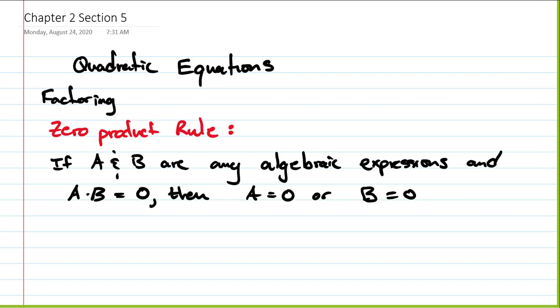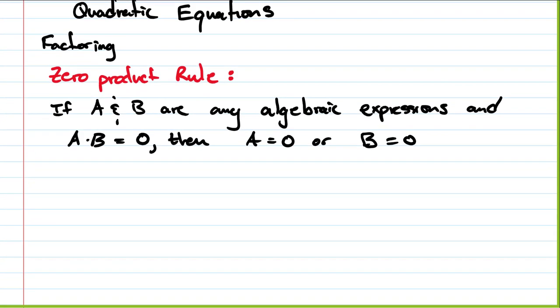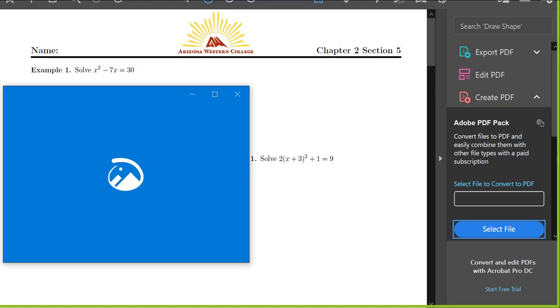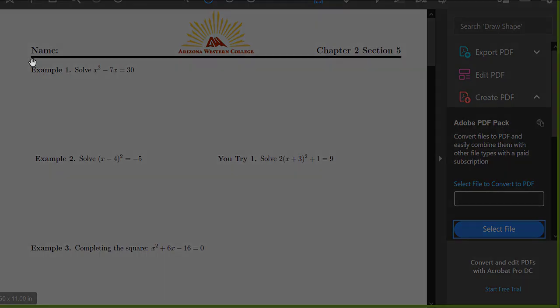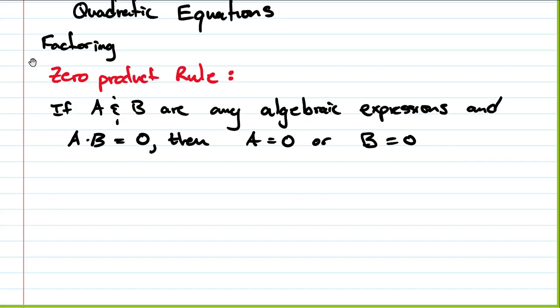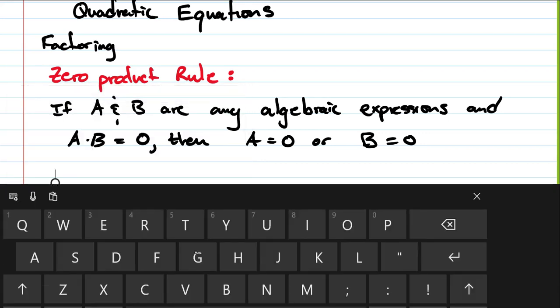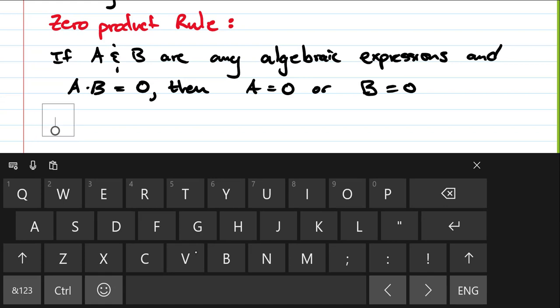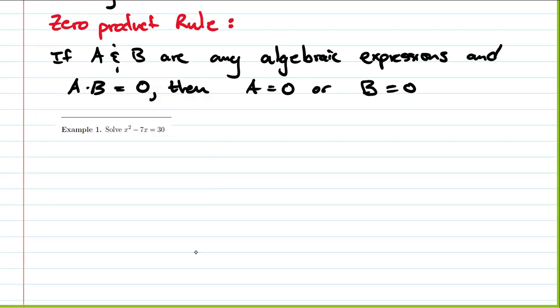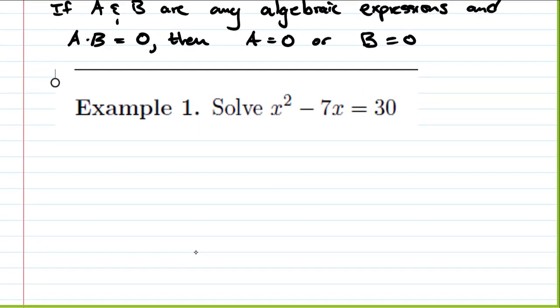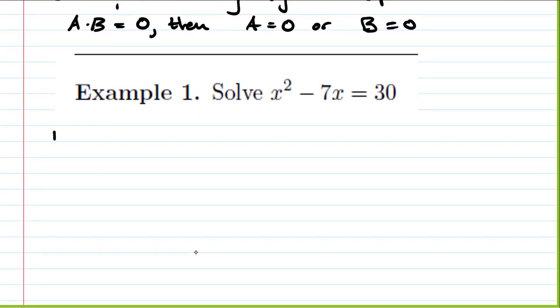So we're going to combine that with our factoring to resolve our first example. In general, in order to factor a quadratic trinomial, the first step is always to get it in standard form.